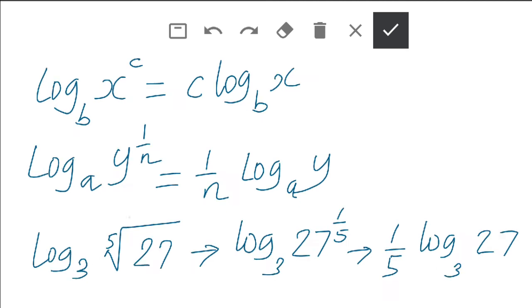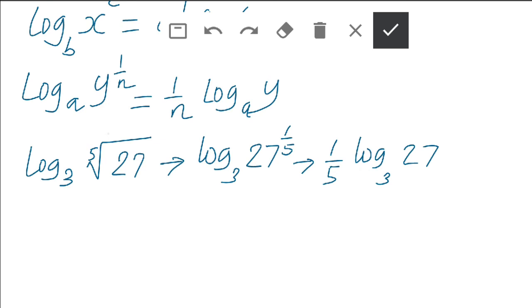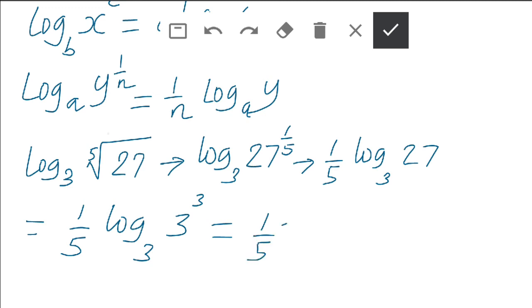All right, and then we can simplify this further. We know that 27 is the same as 3 cubed, so this is the same as 1 over 5 log to base 3 of 3 cubed. Again, 3 will move behind, so it will be 1 over 5 times 3 log to base 3 of 3.